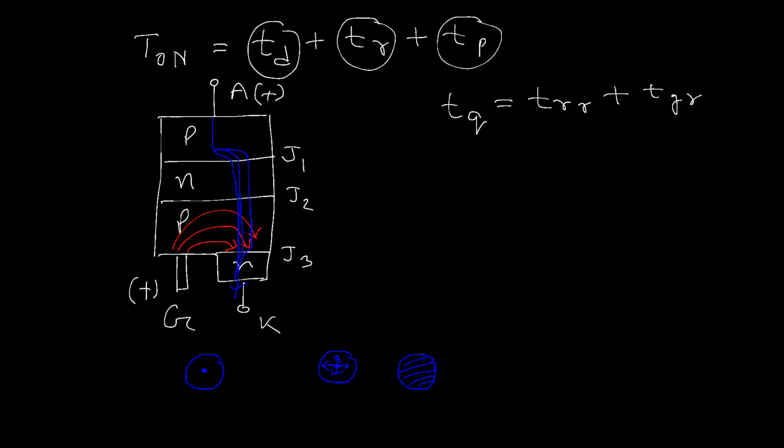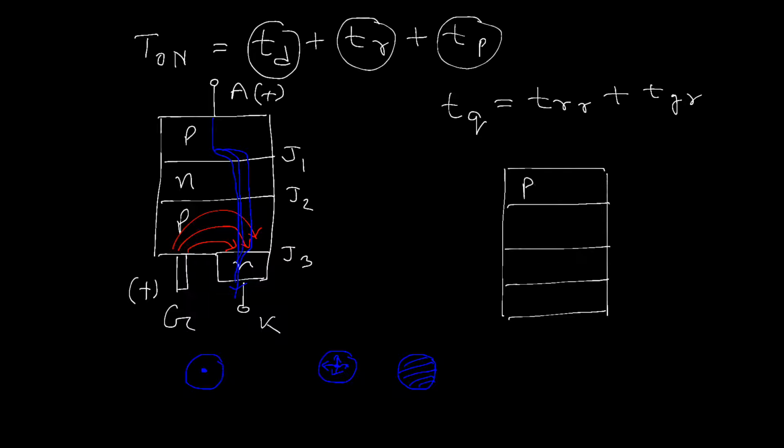So again, let me draw the basic structure of the SCR that is known by everyone. It has four layers, P N P N, three junctions, J1, J2 and J3, and three terminals: anode, cathode and gate.